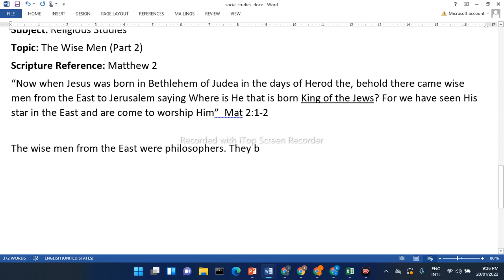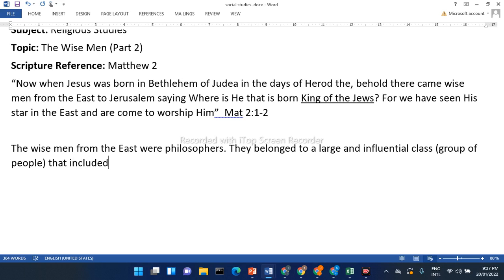So they belonged to a large and influential class or group of people that included men of noble birth.